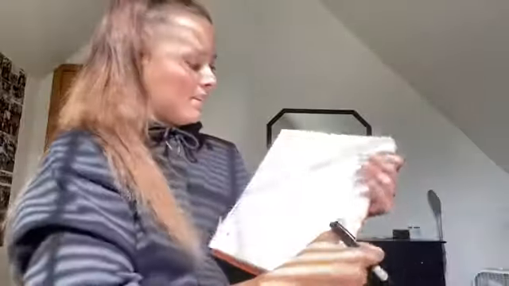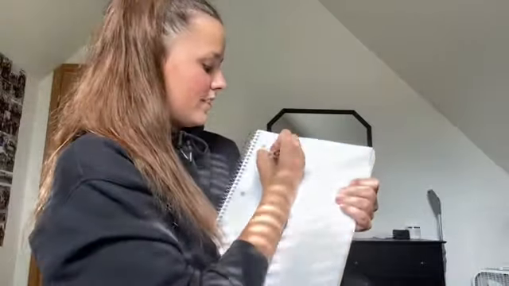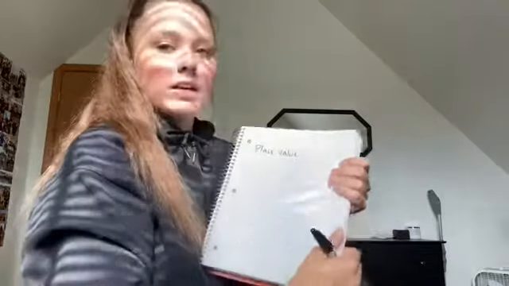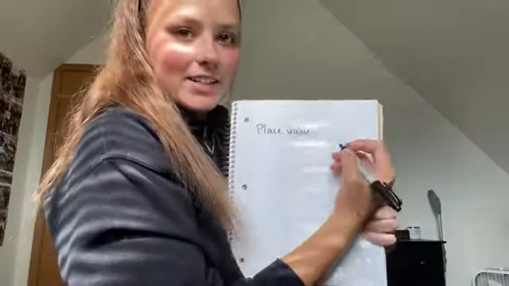So can you guys give me ideas of why you think using place value works with math? Okay, so I'll write these on the board. So place value makes it easier to add together.